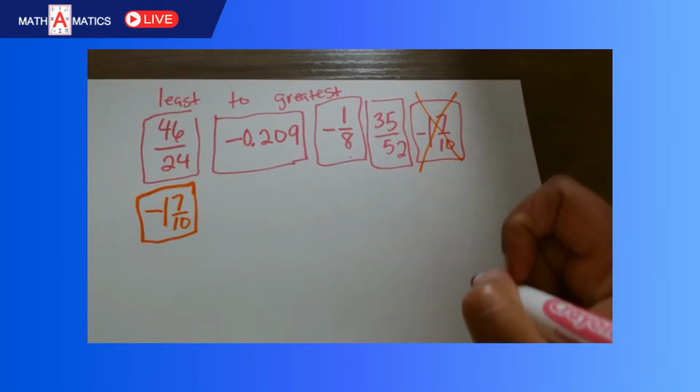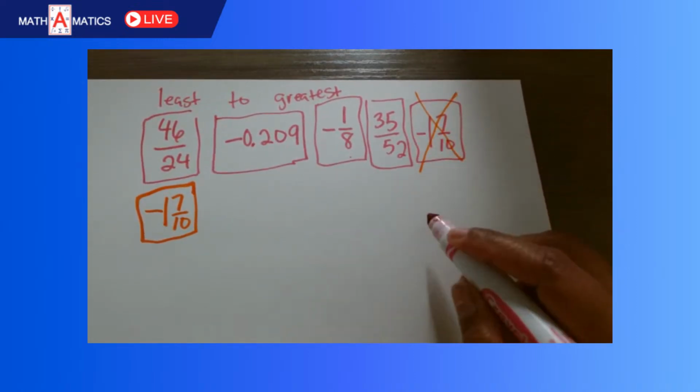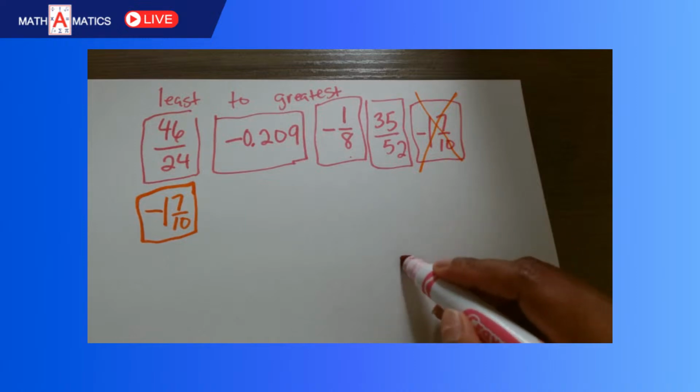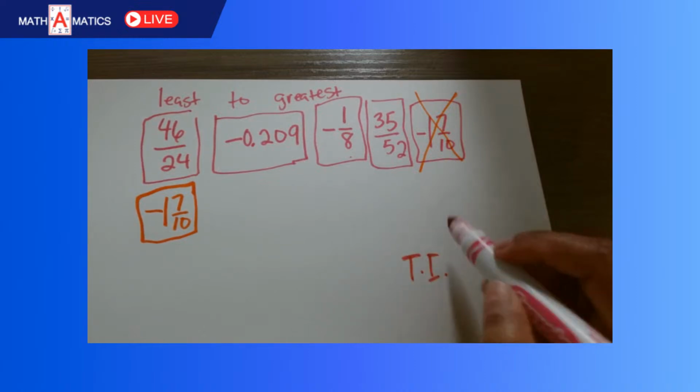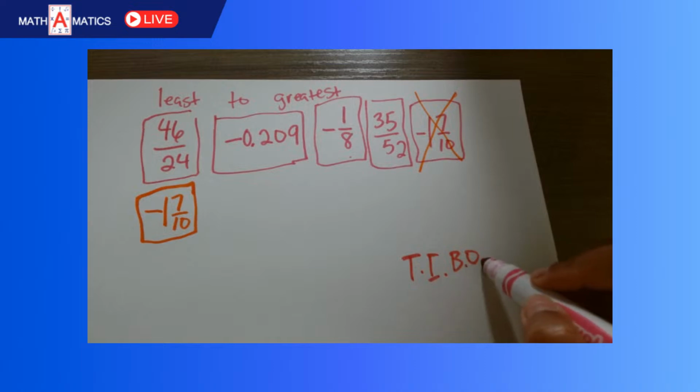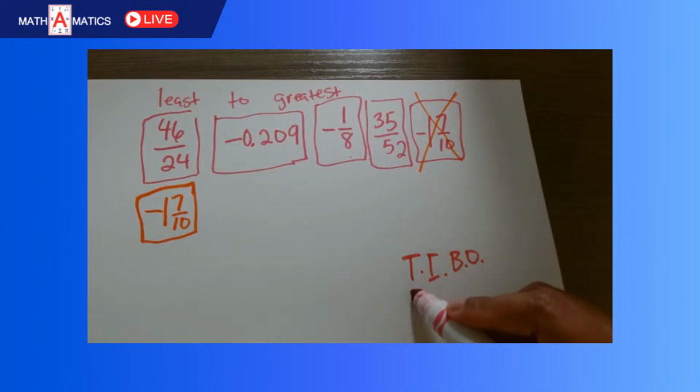I'm going to come to the side here, or maybe a little below. I like to use this method called TIBO, and we'll be using it for a couple of these potentially later, which means top inside, bottom outside.